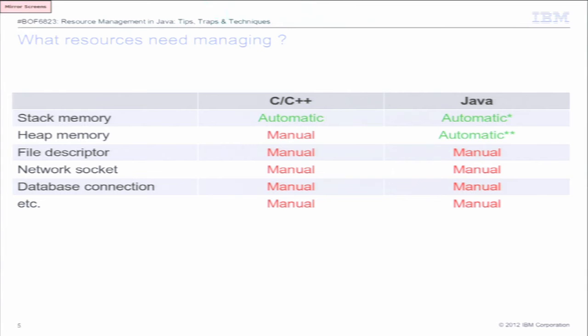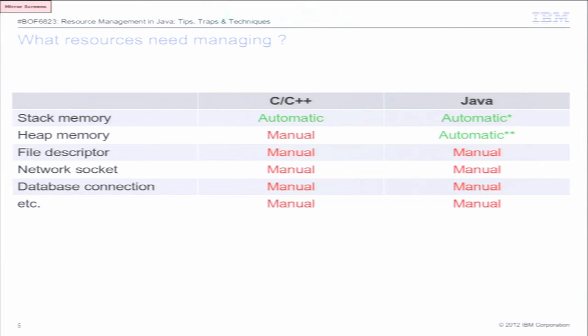The major advance when we came to Java was that memory allocated from the heap is now automatically handled by the garbage collector in the JVM, and that helps to reduce a very frequent source of problems and errors when writing C code.